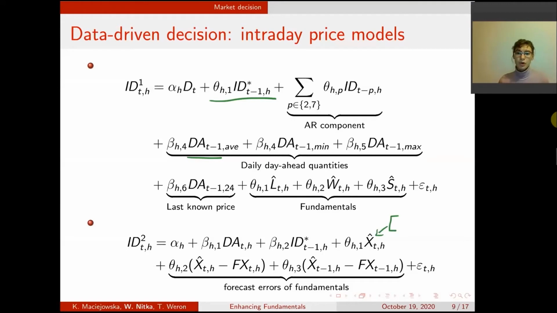Here we use X to write more compactly the matrix of all 3 fundamental variables, and we take its forecasts, which come from our models I will show on the next slide, and we take the differences between our forecast and the TSO forecasts for the current day and from the previous day.